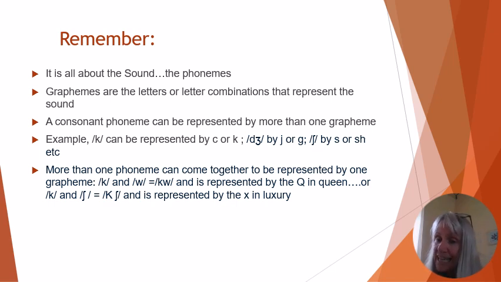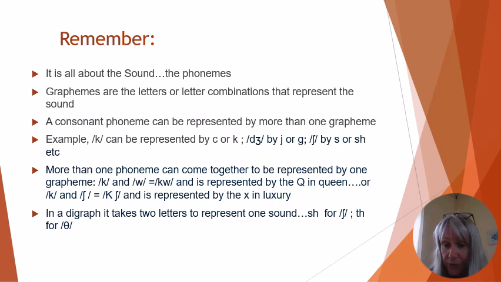Or we could take the K sound and the sh sound and bring them together, and they may be represented by one letter, like the letter X in luxury. We're hearing those two sounds coming together, only represented by one grapheme, the X.